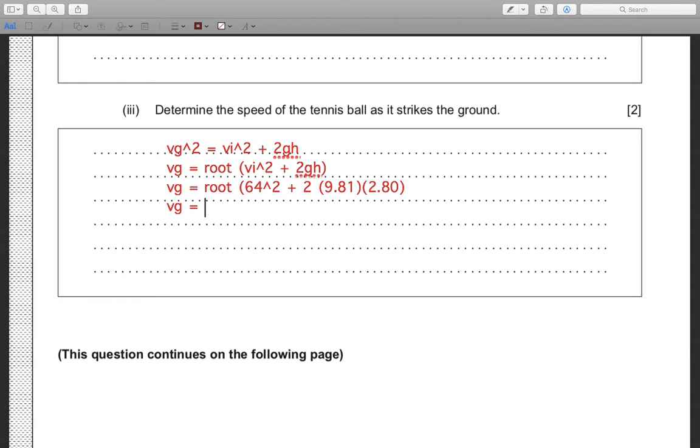Start from 64 times 64, which is around 4096, plus 2 times 9.81 times 2.8. This is 54.936, and we add it to 4096.